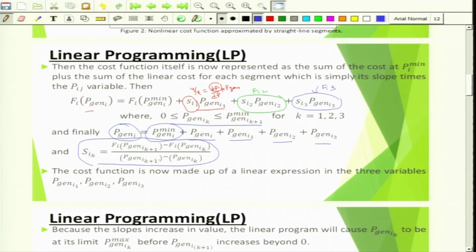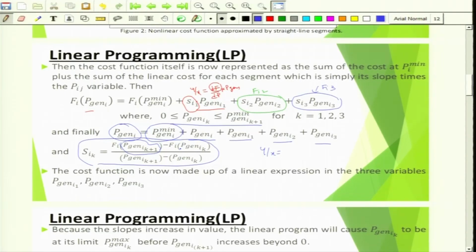The slope is nothing but the y by x, the y by x is nothing but the change in fuel cost from the ith generator, from segment k to segment k plus 1 of that ith generator. That means, let us say the generation which is taking place of the ith generator at k plus 1 segment, minus the fuel cost taking place for the same generator at kth segment.